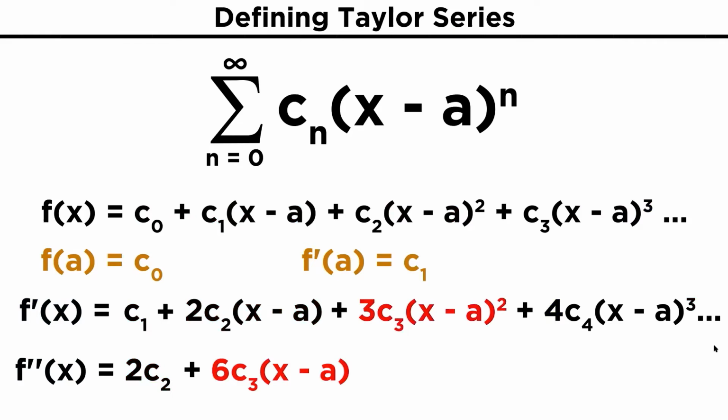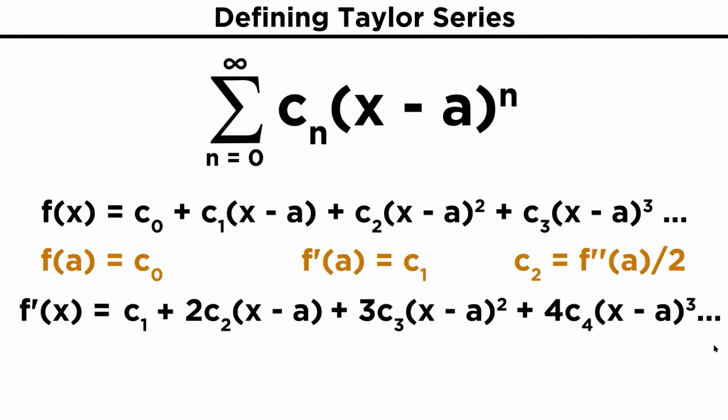Then we have 2 times 3, or 6c3 times the quantity x minus a. This next coefficient becomes 12, and so forth. Again, plugging in a for x will isolate the 2c2 term. So f double prime of a equals 2c2, or c2 equals f double prime of a over 2.